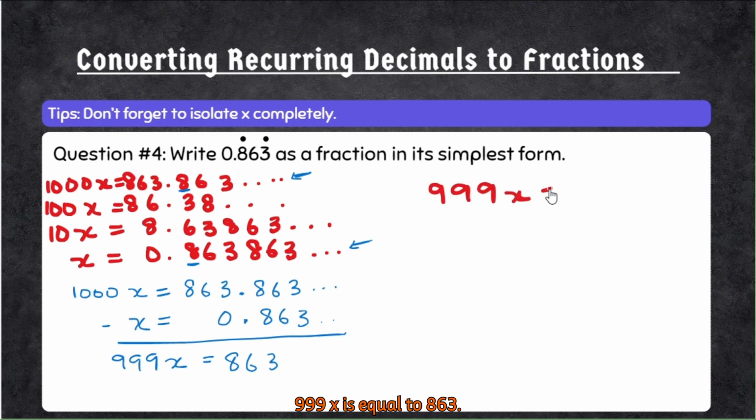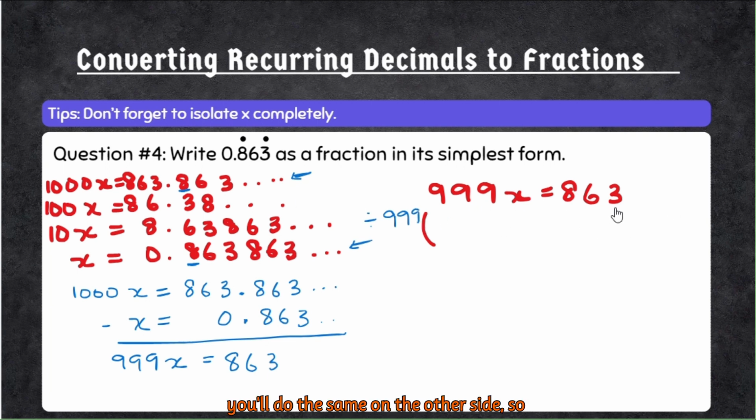Now let's rewrite our number. 999x is equal to 863. Now to get x on one side, we're going to divide both sides by 999.